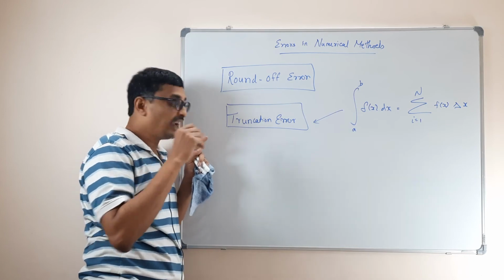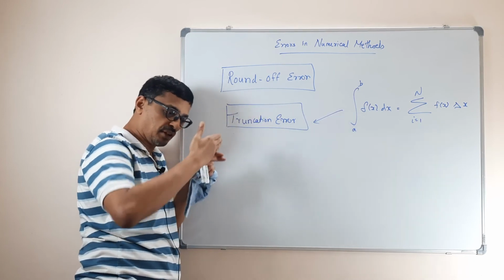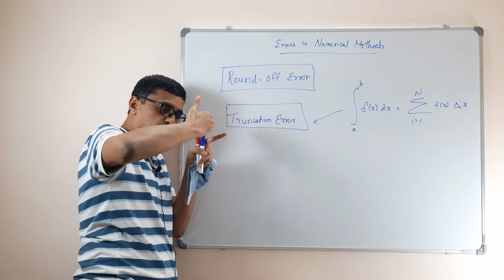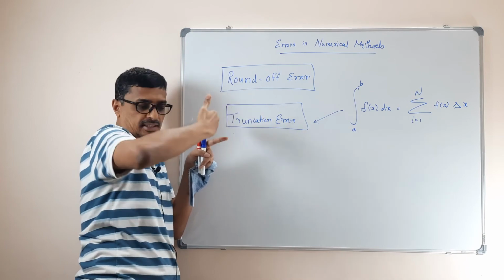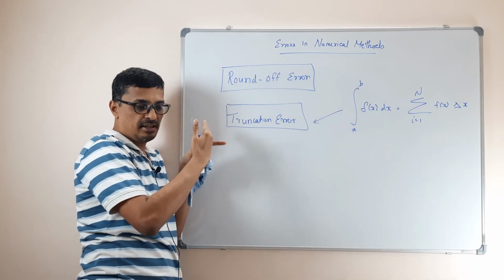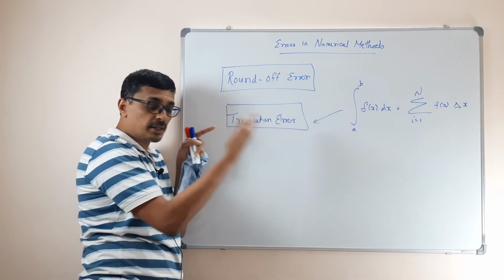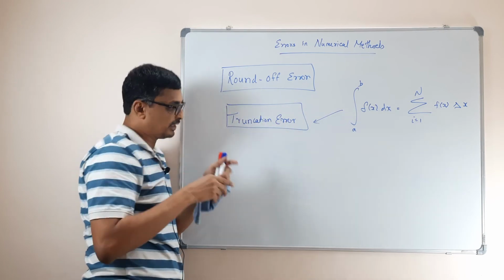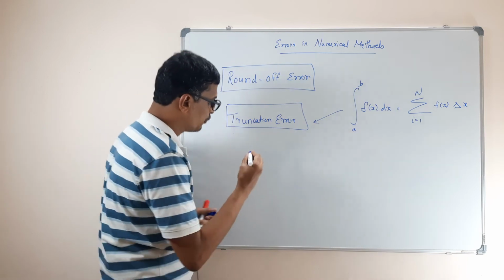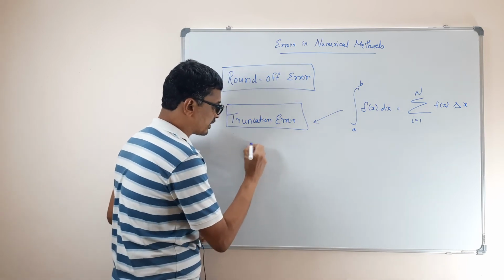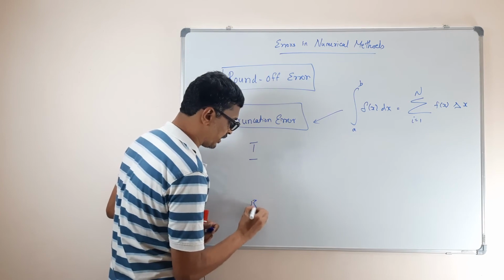This is not just about going beyond the storage, because the moment you keep adding, every addition will have this error. Suppose I call this the truncation error and this the round-off error.